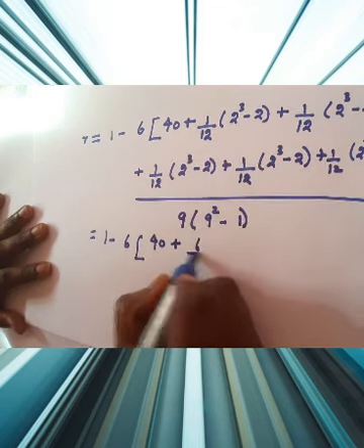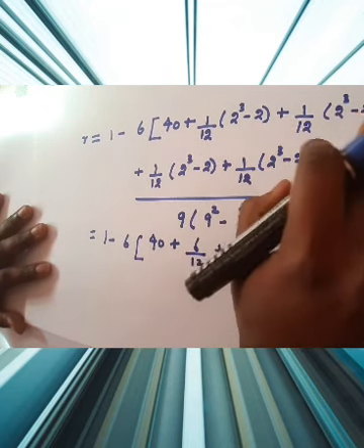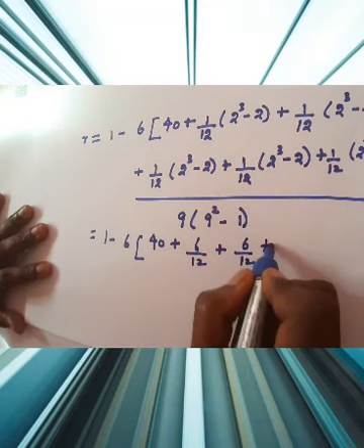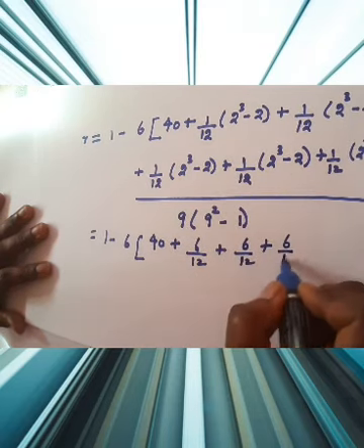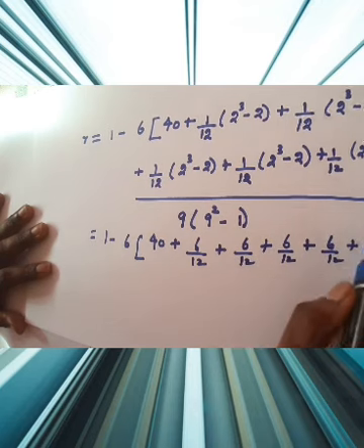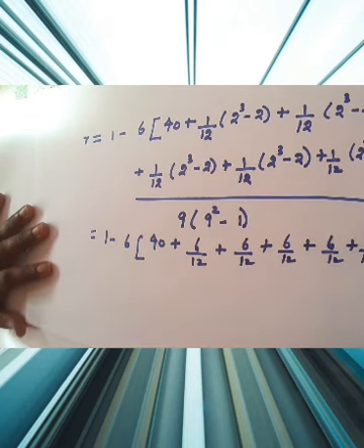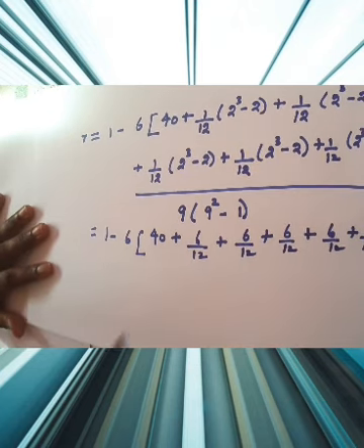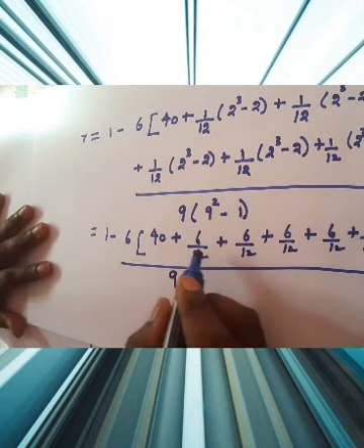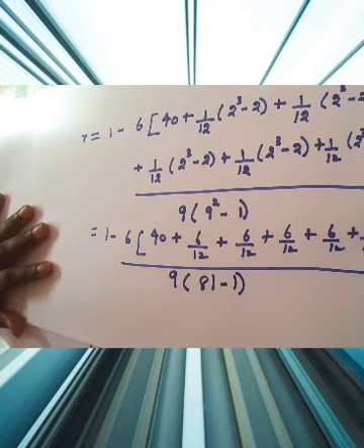So it is 6 by 12. Plus again 2 cube is 8, 8 minus 2 will give you 6, 6 by 12. Similarly here also 6 by 12 plus 6 by 12 plus 6 by 12. Are you following, students? Which is divided by n times n square, which is 81 minus 1.